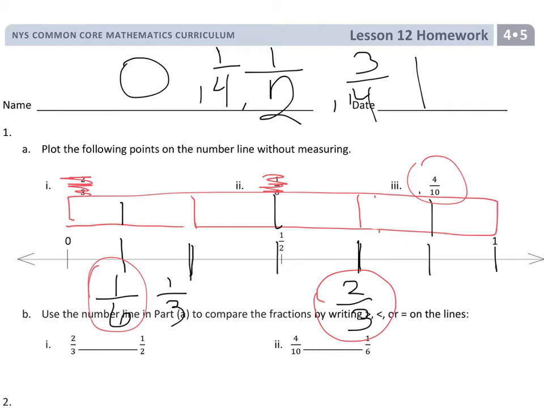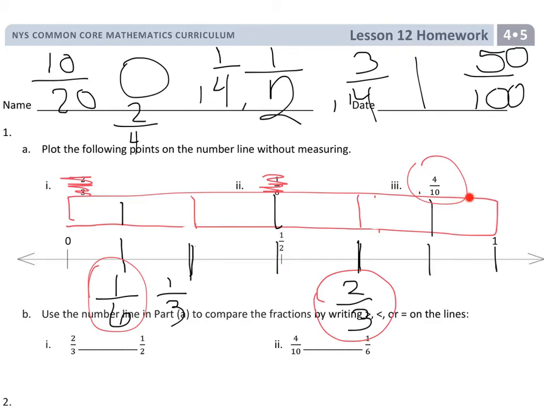So other halves might be 5/10, or 50/100, or 10/20, or 2/4. What about this number, 4/10? What would have to be on the top to make this a half? What would be half of 10? Well, half of 10 would be 5/10.